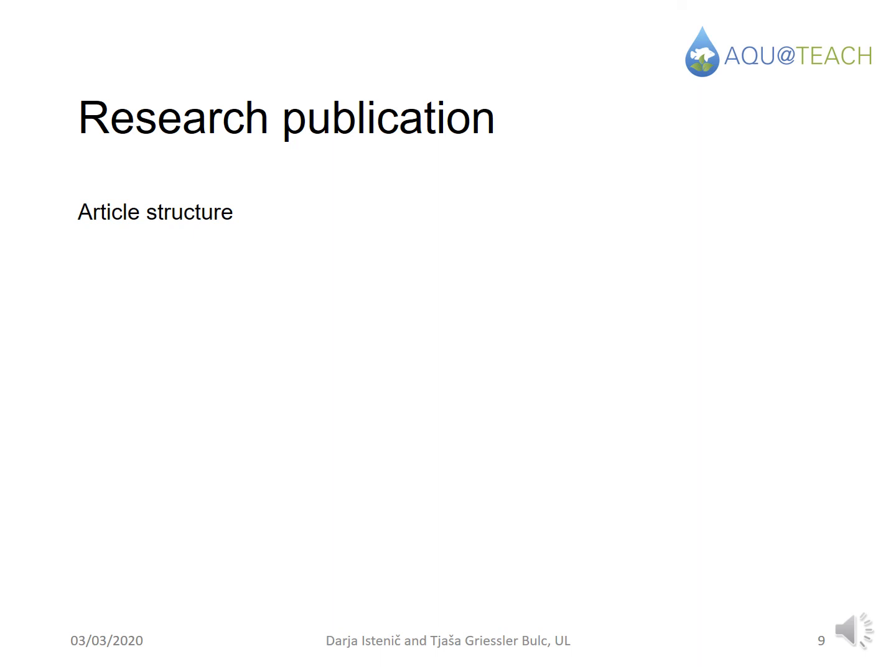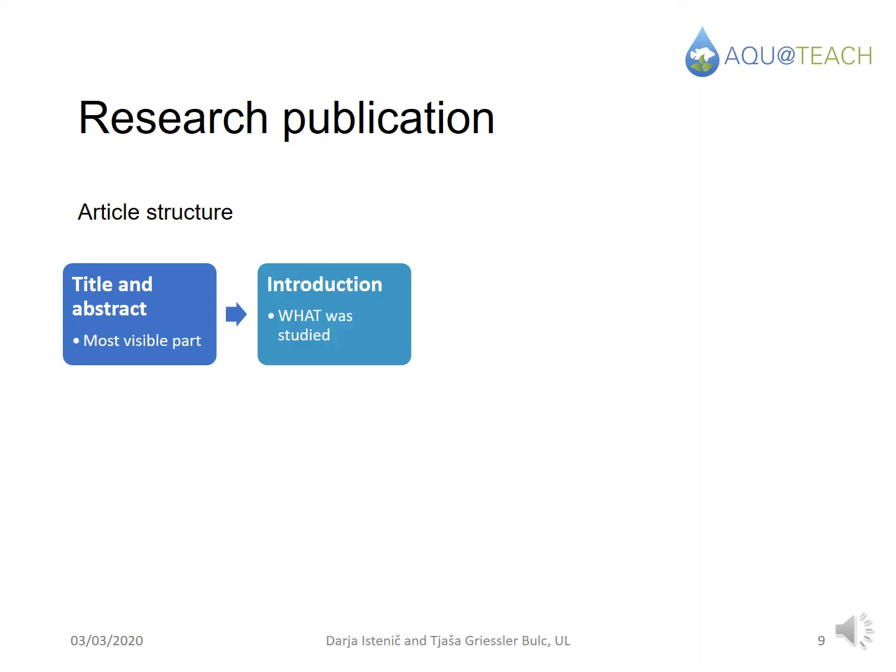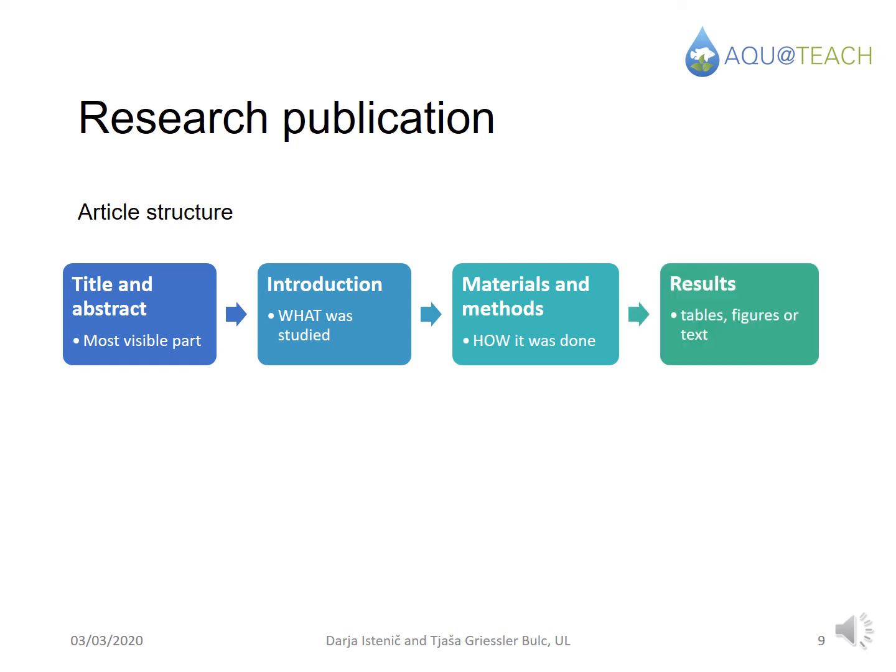Each article starts with title and abstract. This is the part that will be first seen by the readers and therefore its content is very important. In introduction, we describe what was studied and support the idea with other literature. In materials and methods, we describe how the research was done, and in results chapter, we present our results in tables, figures, and text.